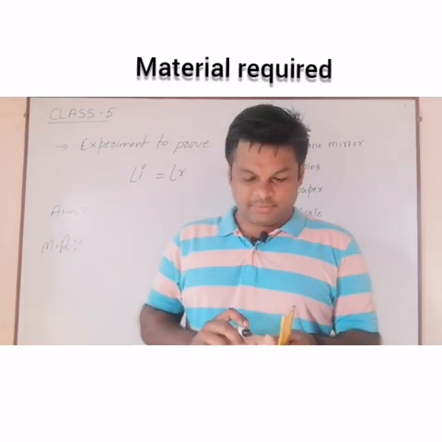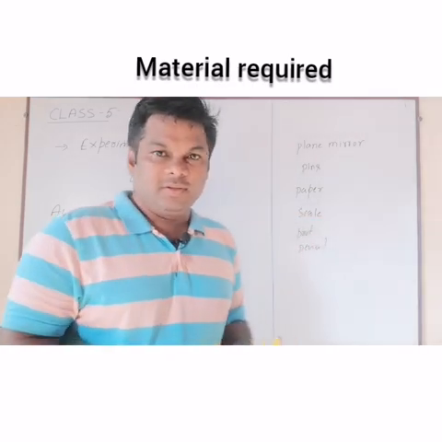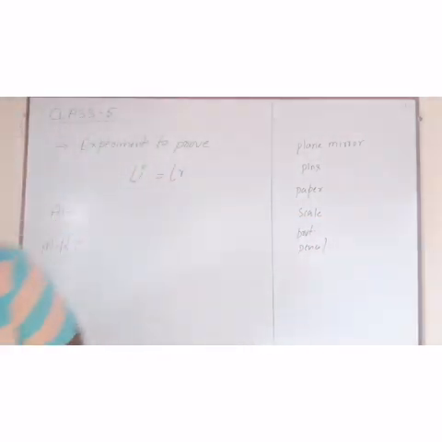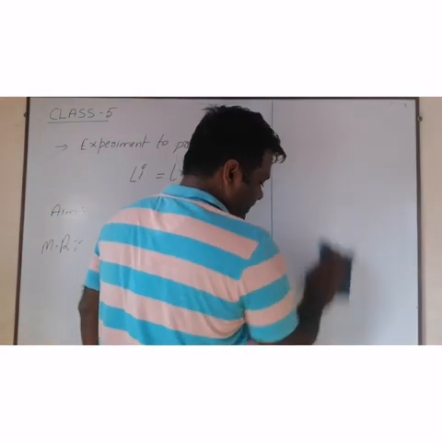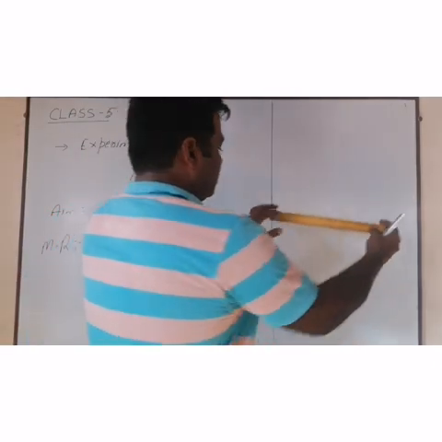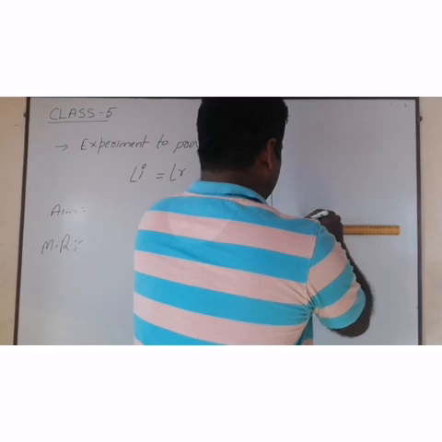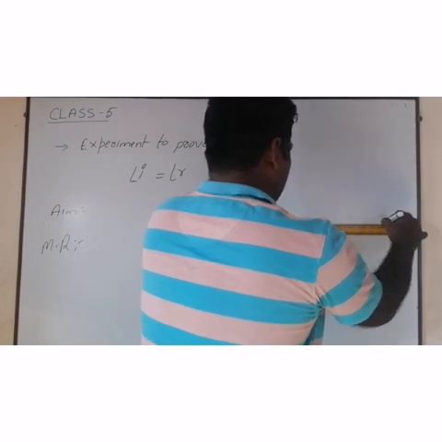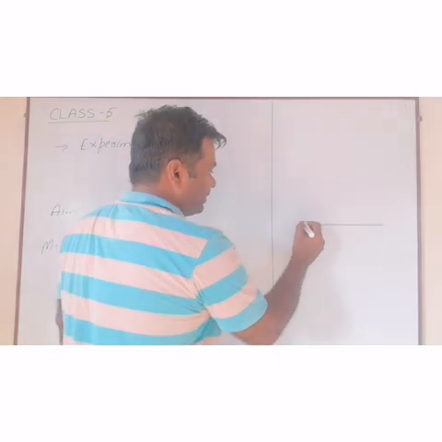Then the procedure. Now I will draw a picture here to show how to proceed in this experiment. So this is a plane mirror. How can you say this is a plane mirror?